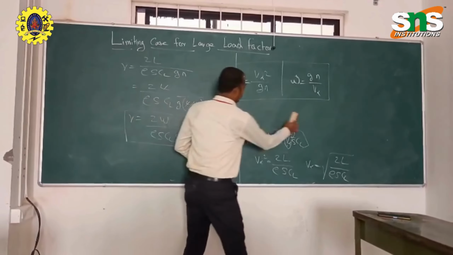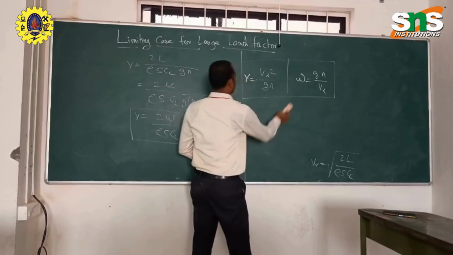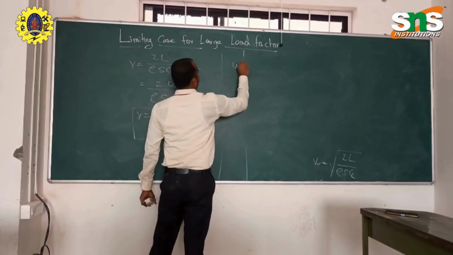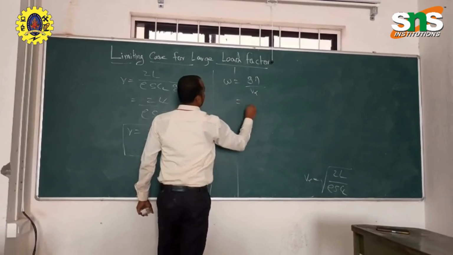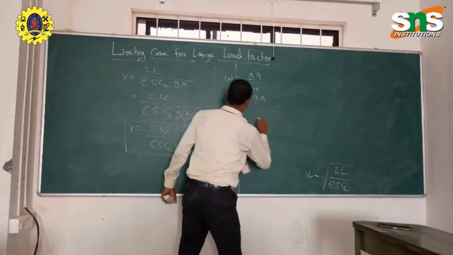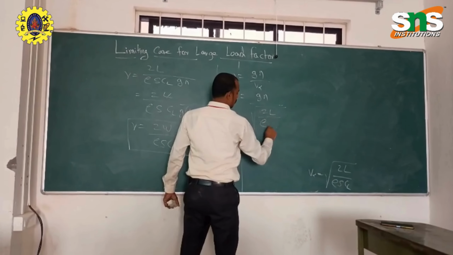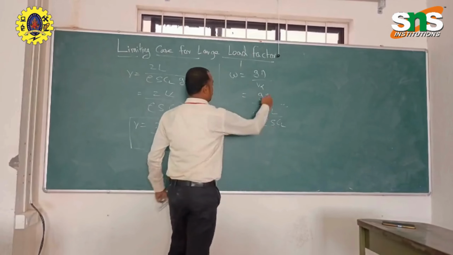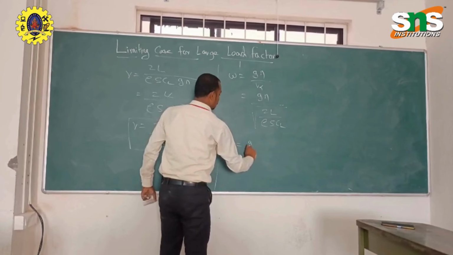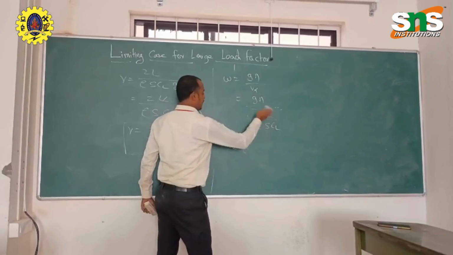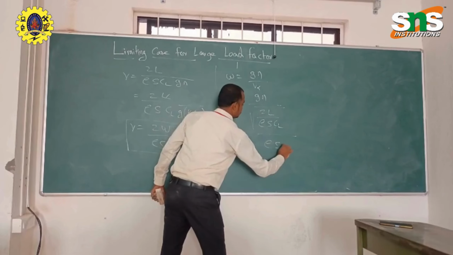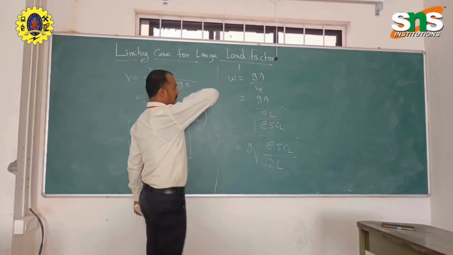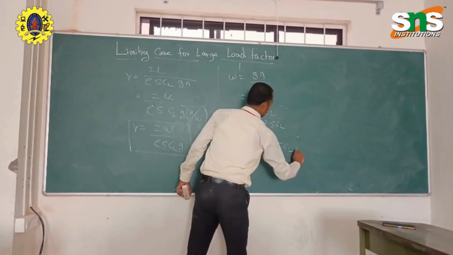Now we solve the turn rate. Turn rate omega equals g n by V infinity, where V infinity is root of 2L divided by rho S CL. Rearranging this, n is the load factor, and this n goes inside the root and becomes n square.